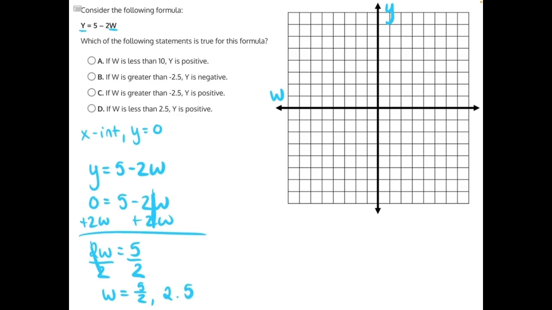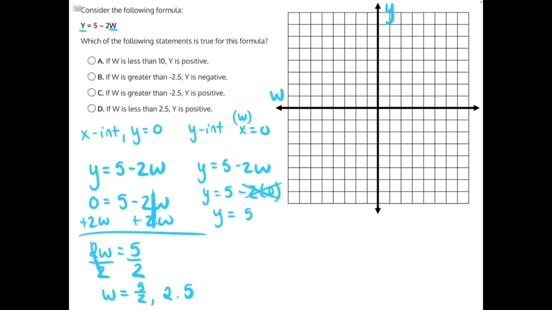Now let's find our y-intercept, or where x equals 0, or in this case, w. We have y equals 5 minus 2w, and we'll need to substitute 0 in for w. 2 times 0 will just give us 0, so we'll have y equals 5, because this will have completely canceled itself out.